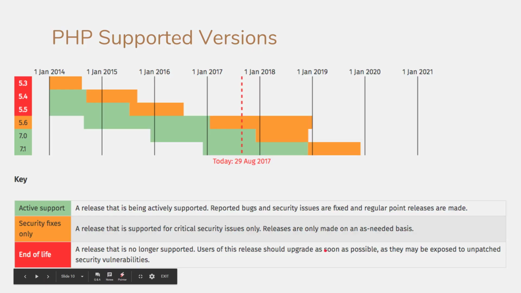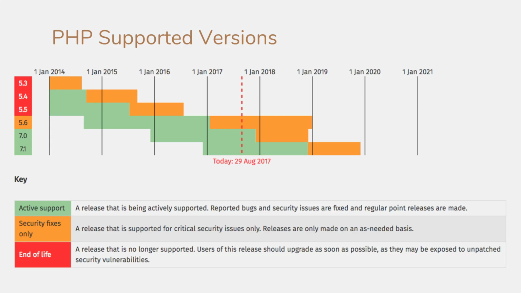So I did want to cover the PHP supported versions over the years and show where PHP is at right now. If you get into WordPress development and you start looking at hosting plans for WordPress sites, you'll often want to check the PHP version that they're supporting at the time.